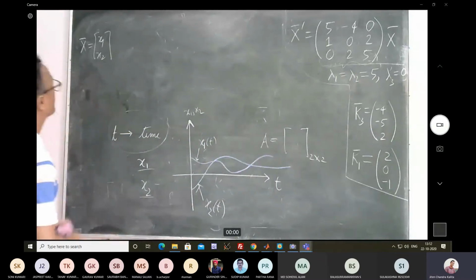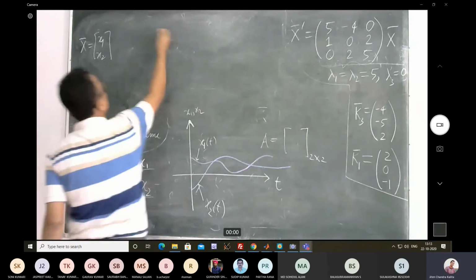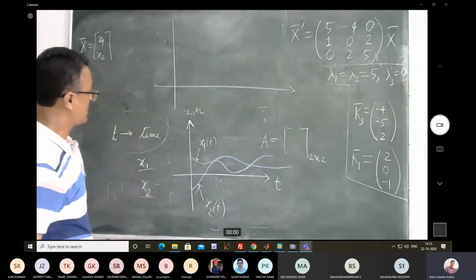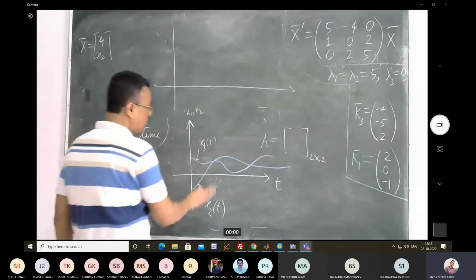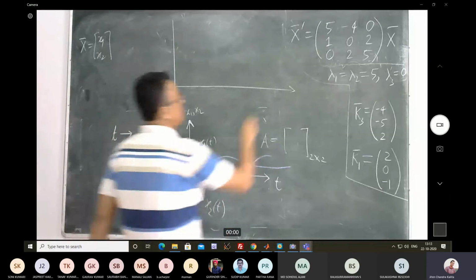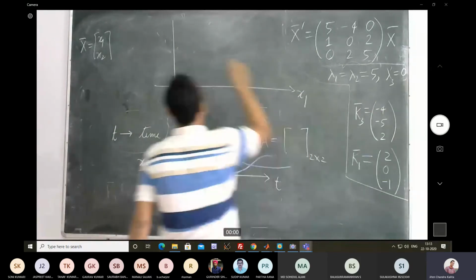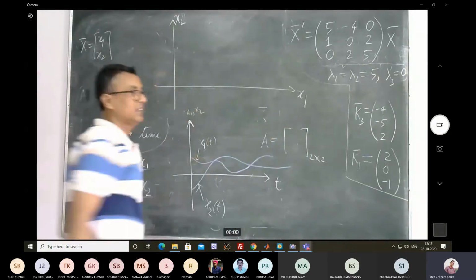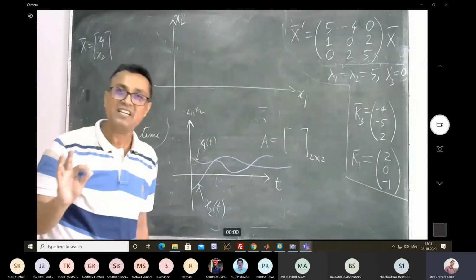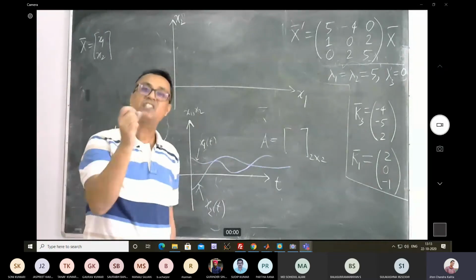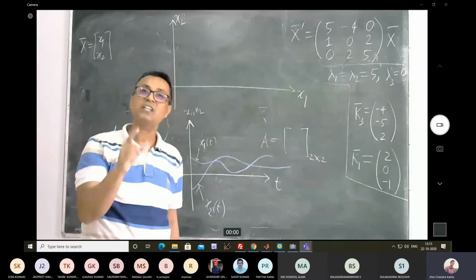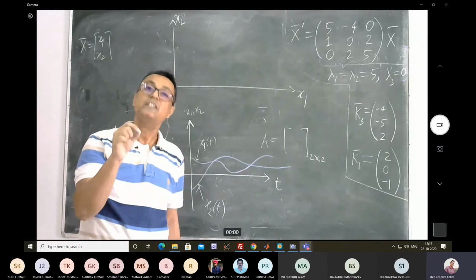So now, what is phase plane? These solution curves, if instead of plotting t versus x1 and x2, I plot x1 versus x2, although both are functions of t, then hiding t, we can track how x1 and x2 are evolving.